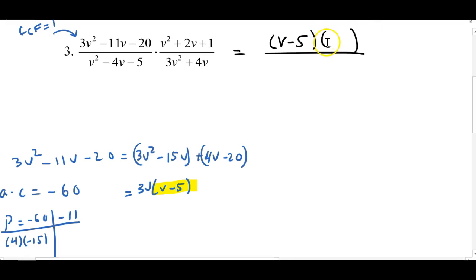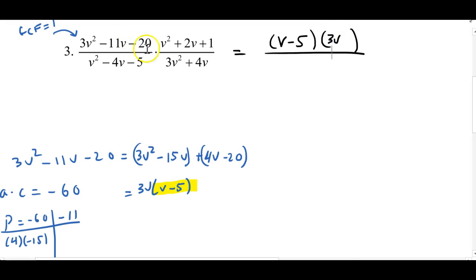What I'm showing is like the AC method combined with trial and error. We're factoring 3v squared minus 11v minus 20. When we FOIL, the 3v squared is going to come from multiplying v times this other first term. So if this is v, what must this be to get 3v squared? 3v.